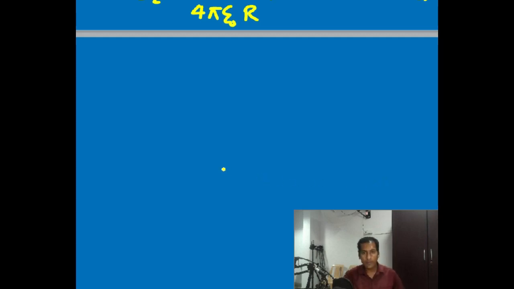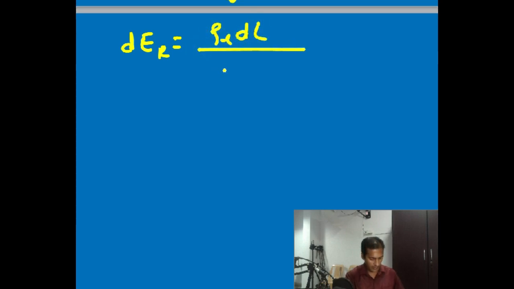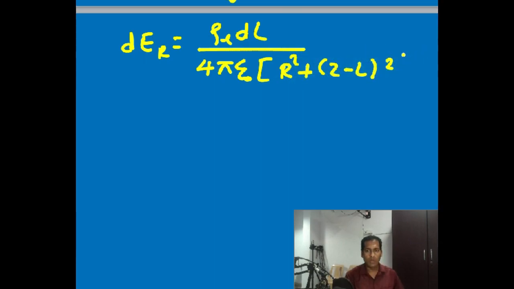So similarly, for differential electric field intensity, say dE r, what we will have is rho L dL divided by 4 pi epsilon naught r square plus z minus L whole square into sine alpha.